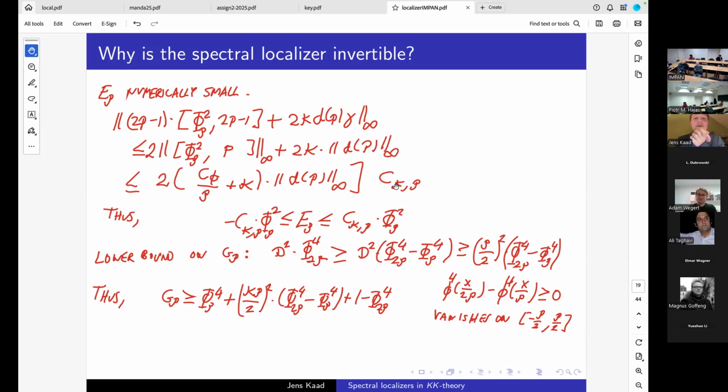I think the reason why I have any chance of computing the Kasparov product in this fashion is because I have an explicit formula for this index homomorphism.